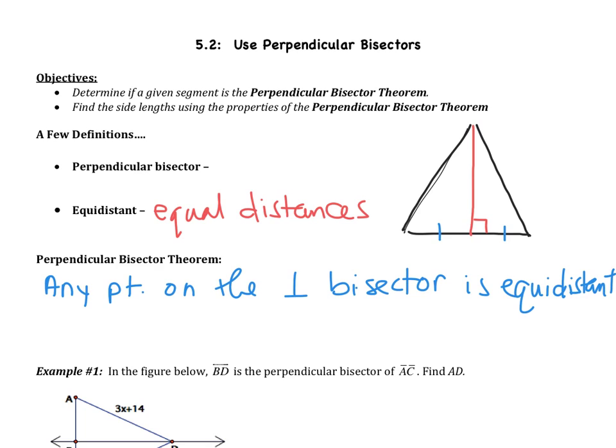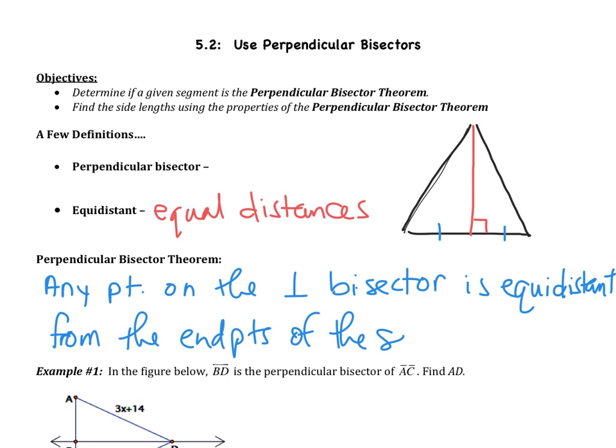That's a funny word, huh? From the endpoints of the segment. So any point on the perpendicular bisector is equidistant from the endpoints of that segment. And I'll explain what that means.